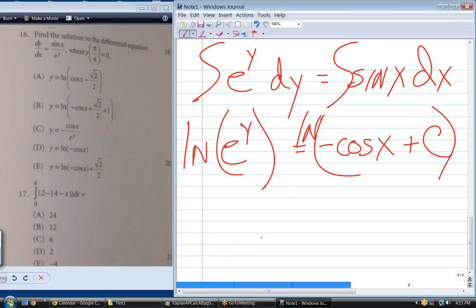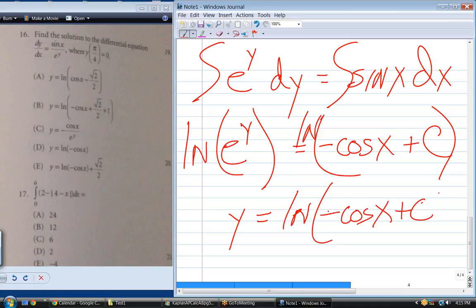Natural log of the left is what? Y. And let's see, did they give us the answer yet? Yeah, it's natural log of minus cosine x plus c. And then they always, with these differential equations, give you an initial condition.